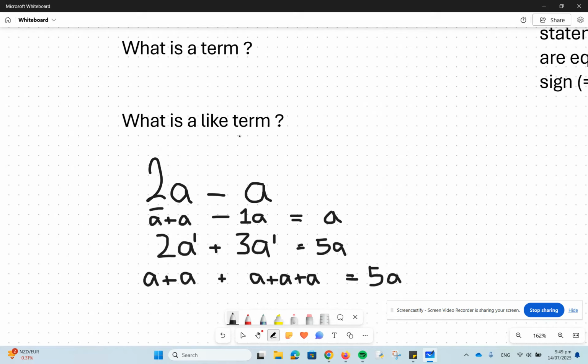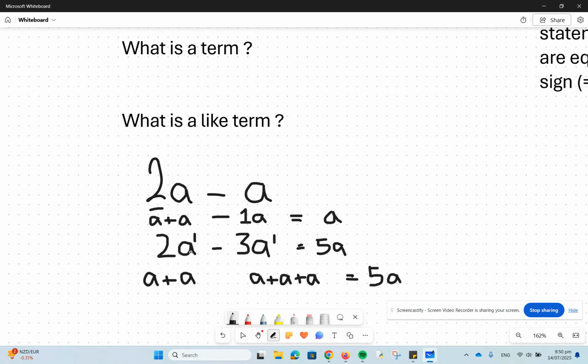All right, so let's see. What is a term? Remember, it's when you've got numbers and letters separated by an operator. Now, if I rub that out a bit, and I decided, instead of putting a plus there, I put a minus there.